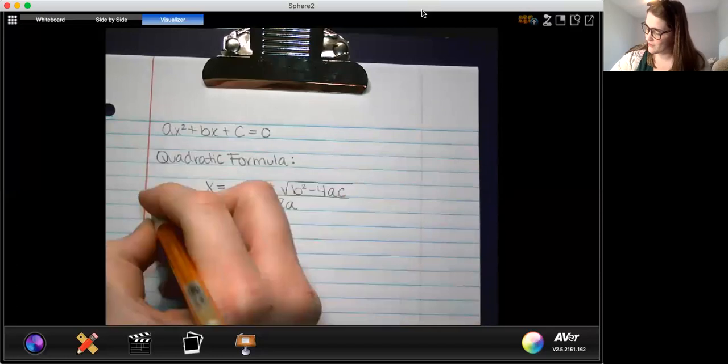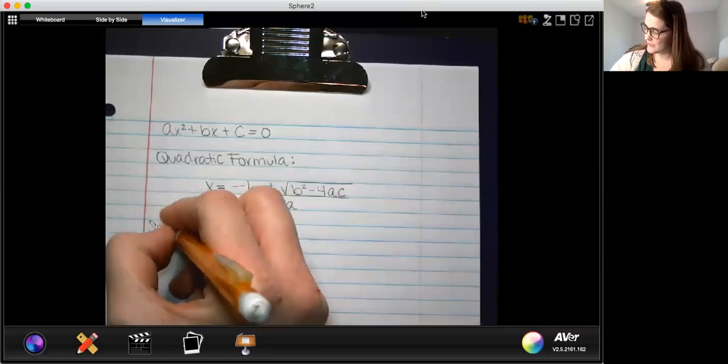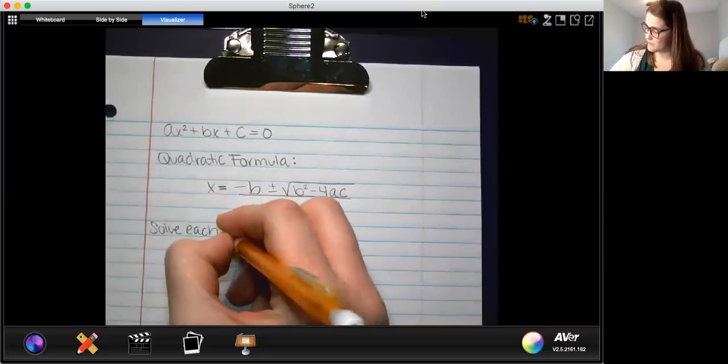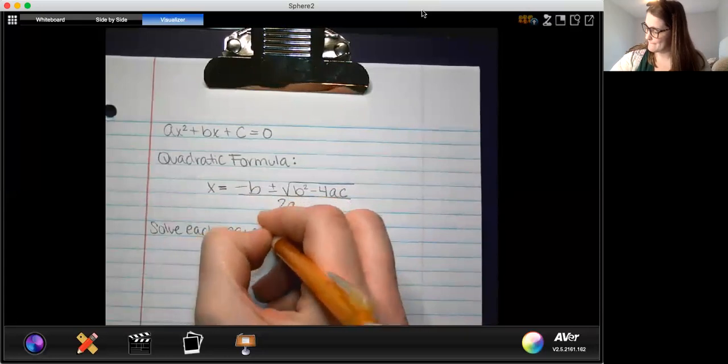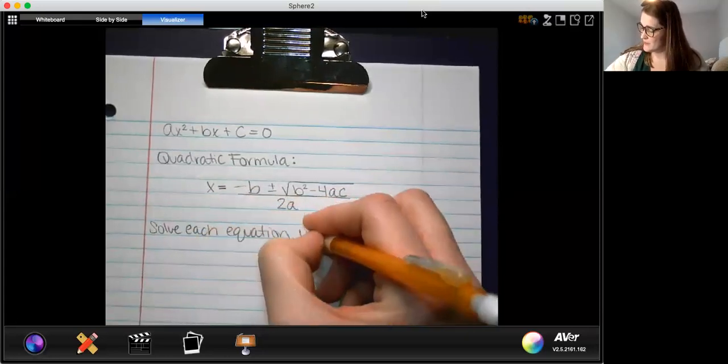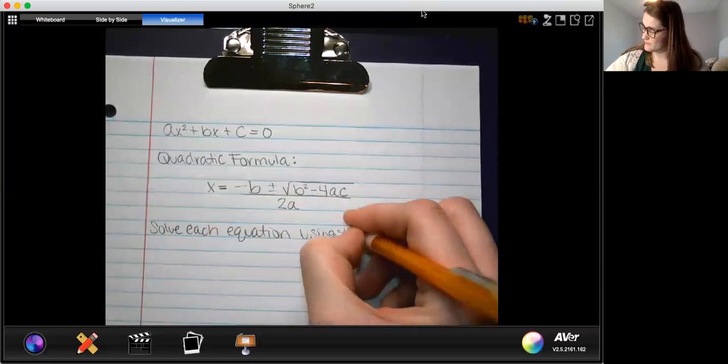So my instructions are to solve each equation using the quadratic formula.